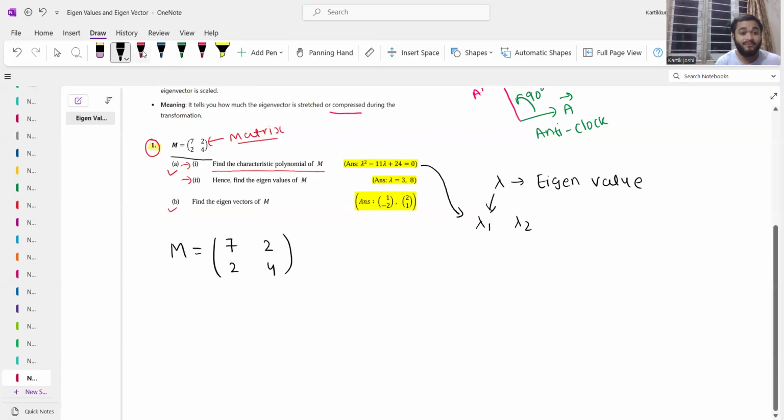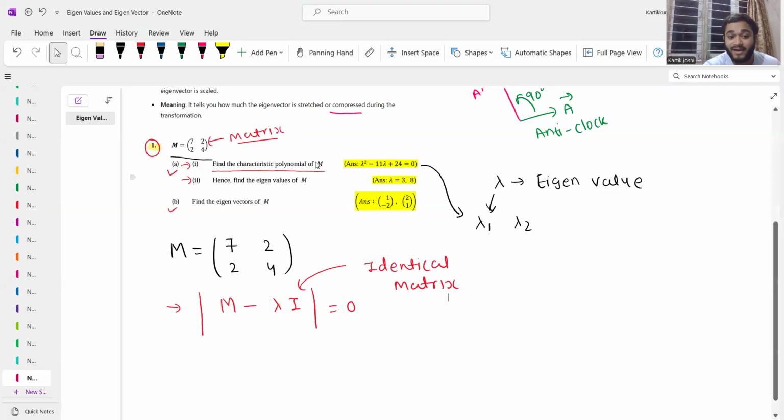And here is the formula to find the characteristic equation from the matrix. The formula is the determinant of M minus lambda I is equal to 0. And what is I? I is the identity matrix.